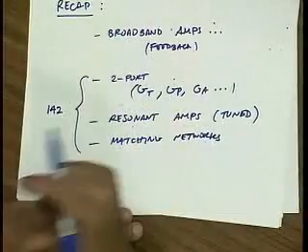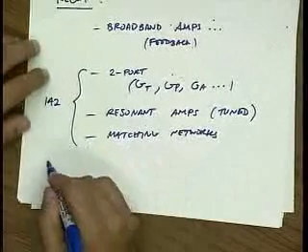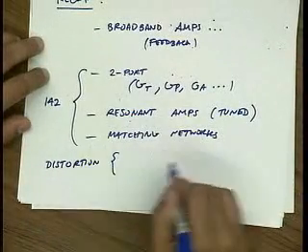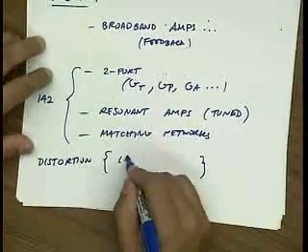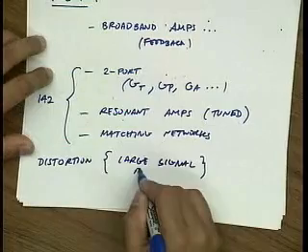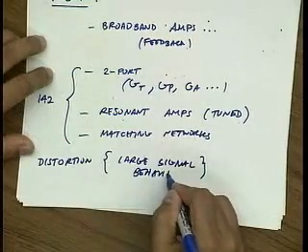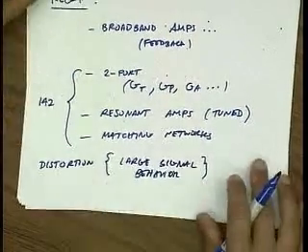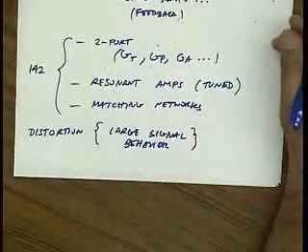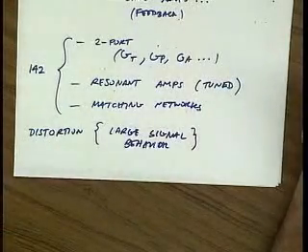Then what we did is we looked at distortion. In other words, we looked at the large signal behavior of a device. And this is important because you never actually have infinitesimally small signals going into your amplifier, right?